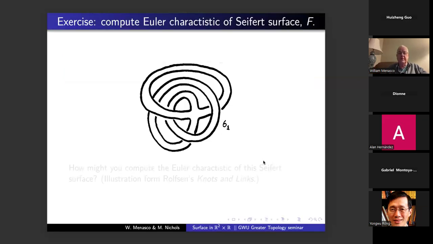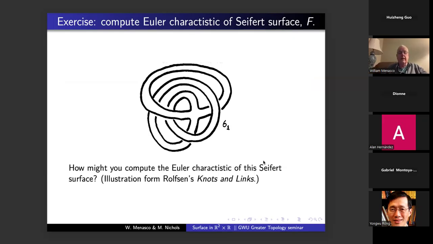The question is, here's a knot, and for people who are familiar with it, you can see that this is actually out of Dale Rolfsen's book on knots and links.